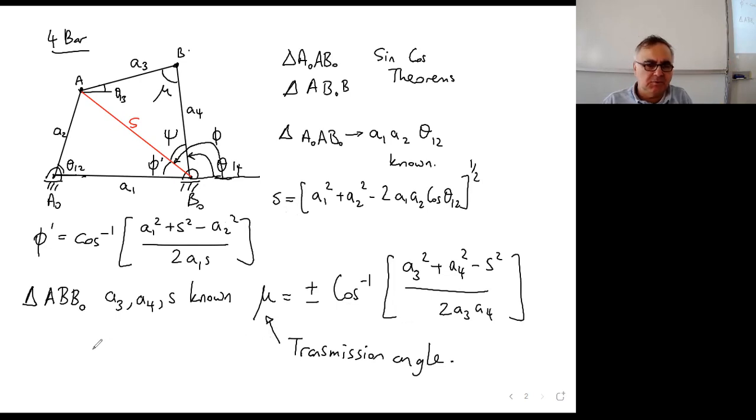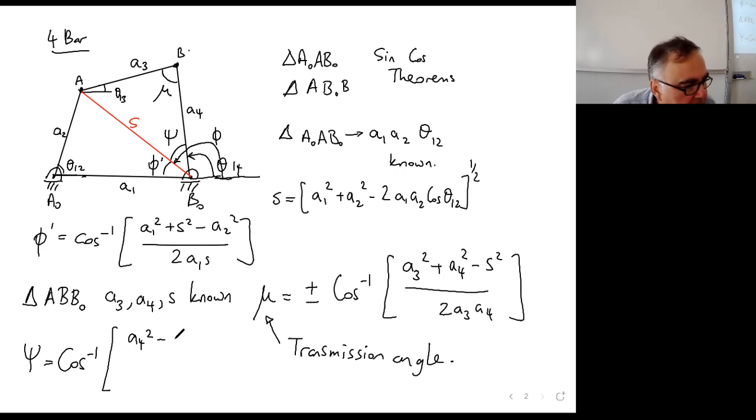The other is for the cross configuration of the mechanism. I had shown this. And then phi is equal to cosine inverse of, again, a4 squared plus S squared minus a3 squared over 2 a4 S.